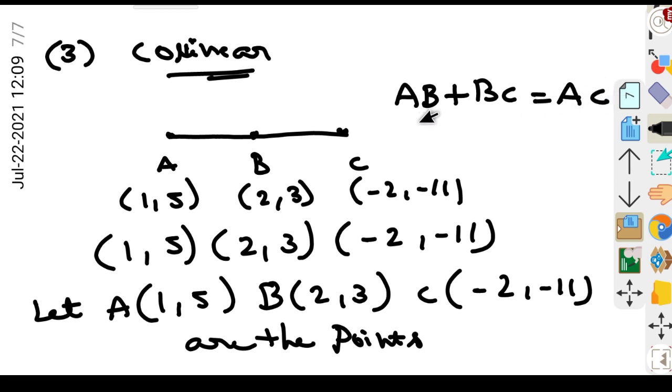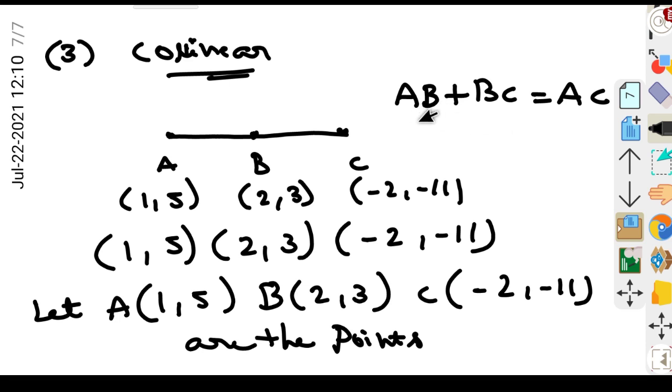If AB plus BC is equal to AC, then we can say that these 3 points are collinear points because the answer is the same.